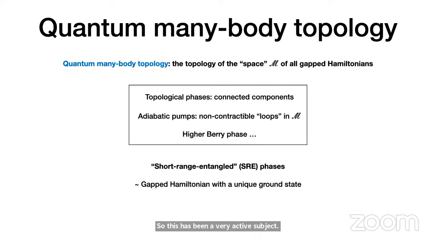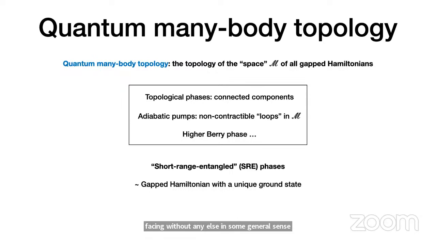Let me also define two terminologies which will be used a lot and are very common in the literature. There are short-range entangled phases, which are basically phases without anyons in some generalized sense.